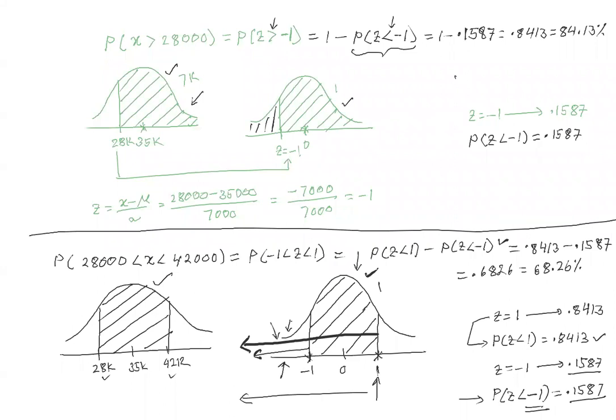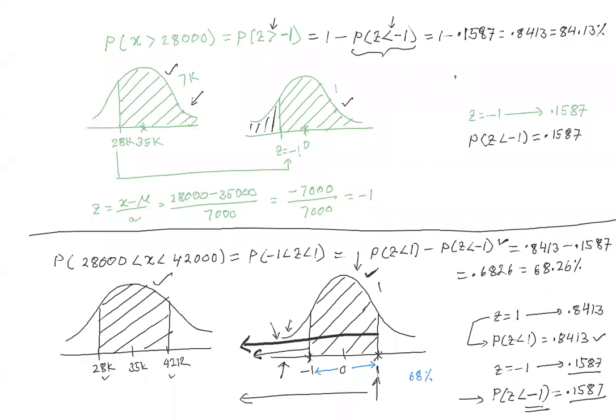Now, have you noticed something here? There is a reason for me to give you this problem. Have you noticed that for this standard normal distribution, you moved one standard deviation to the right and one standard deviation to the left of the mean? The empirical rule tells you that should include roughly 68% of the data.